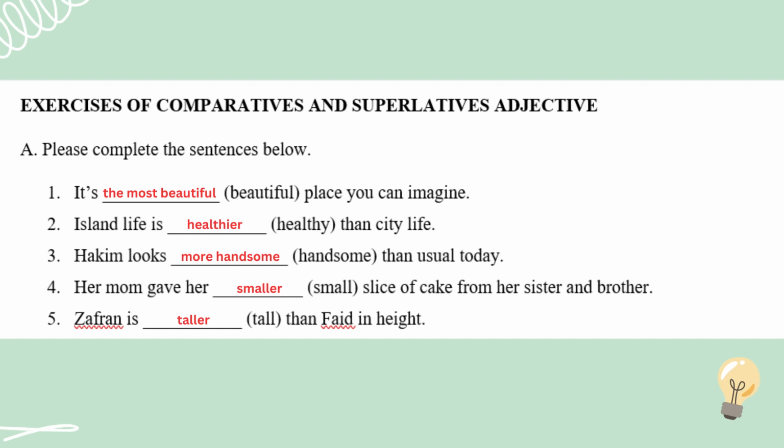Third: Hakim looks more handsome than usual today. Fourth: her mom gave her a smaller slice of cake than her sister and brother. The last one: Zafran is taller than Faid in height. Count how many answers you got correct and write it down in your notebook.